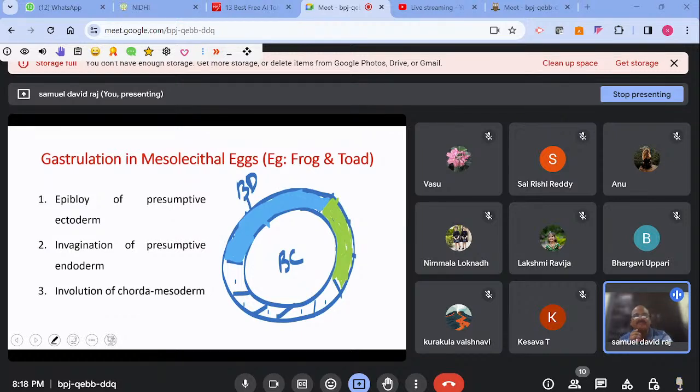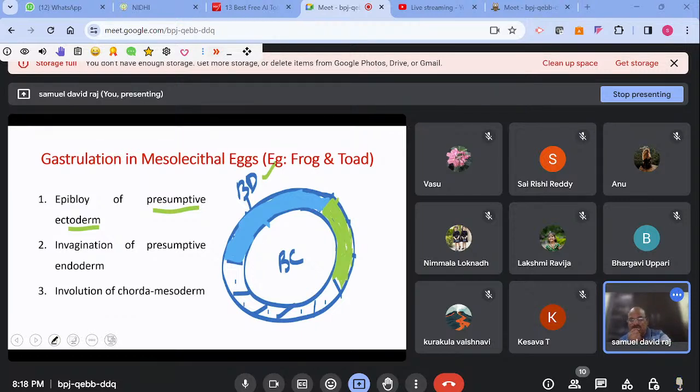We can call it presumptive ectoderm because this is not ectoderm in the true sense, because this is part of blastoderm. This is going to become the ectoderm of the gastrula. Presumptive means its fate is presumed. Hence we call it presumptive ectoderm, which is going to form the ectoderm of the gastrula.